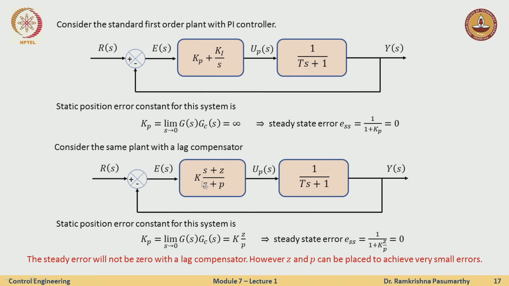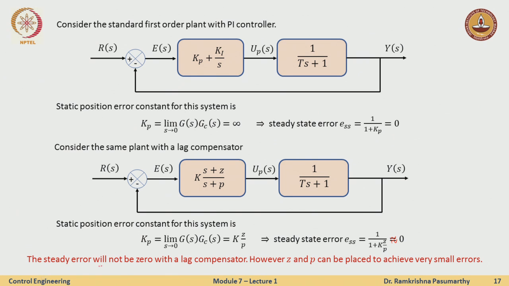Now if I do K (s plus z) over (s plus p) and pass it through my plant, I do all the error analysis, and what I get is that the steady state error is 1 over 1 plus K z over p. This p is very small, 0.001 or 0.01, so based on these choices I can make this error as close to 0 as possible. So this is not equal to 0, but it is as close to 0 as possible. That would be the objective.